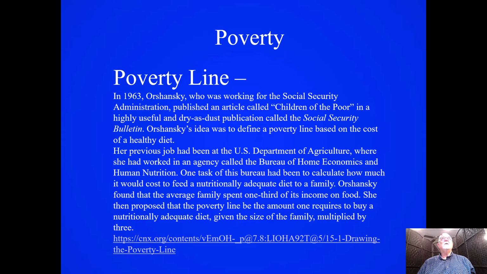She had been at the Department of Agriculture before, and she found that the average family spent about a third of their income on food. So she proposed that the poverty line be the amount one requires to buy a nutritionally adequate diet given the size of the family, multiplied by 3, for the one third of income spent on food. So that's how the poverty line is calculated or determined.